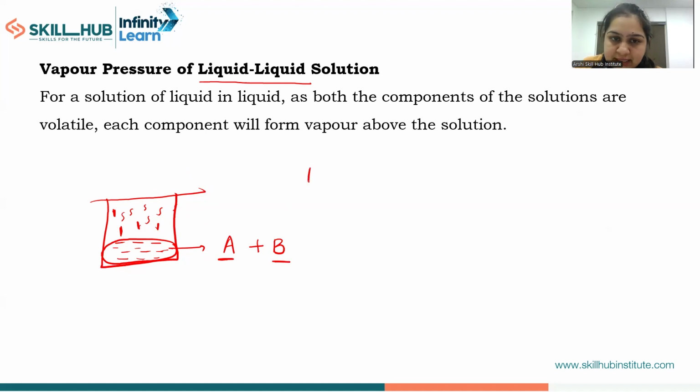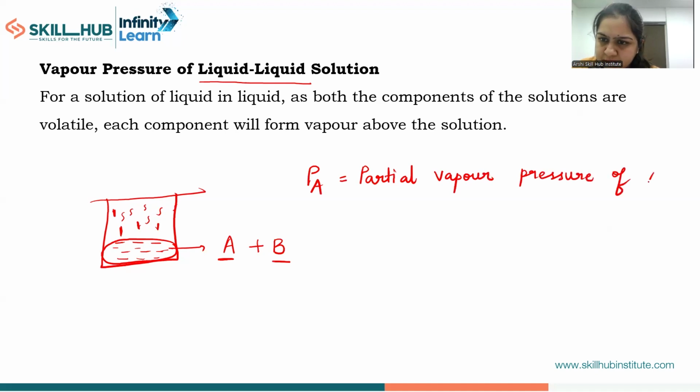So now let's say PA will be the partial vapor pressure of A, and PB will be the partial vapor pressure of B. I hope that is understood.